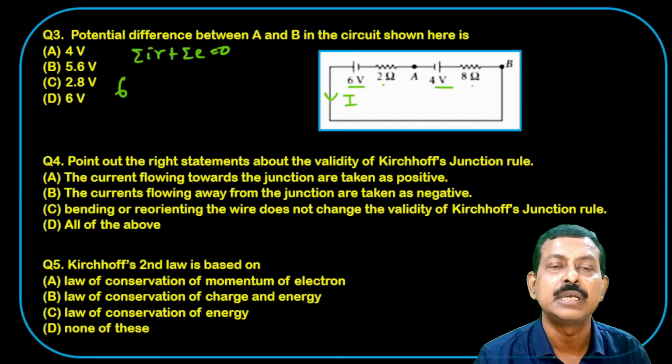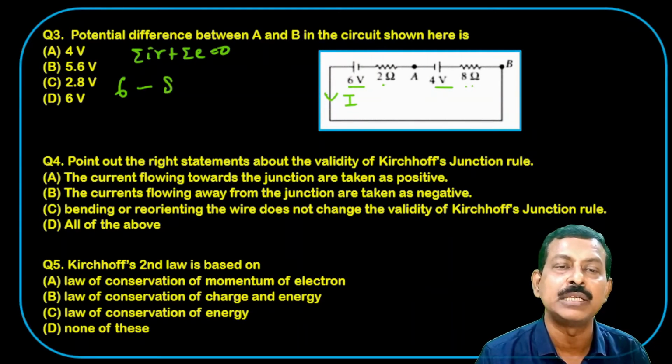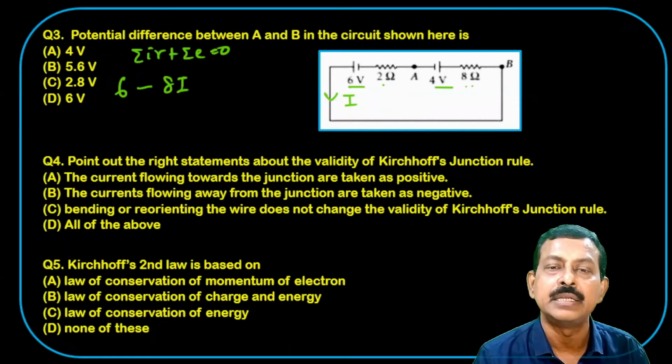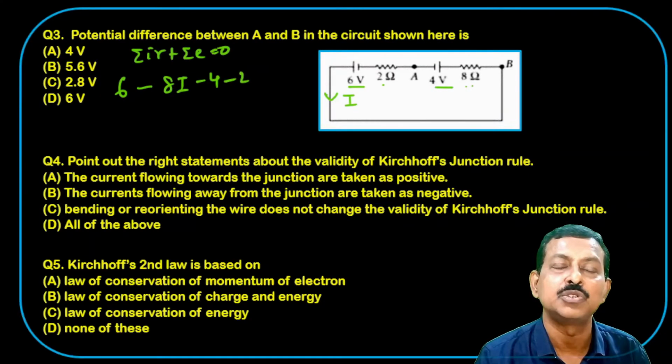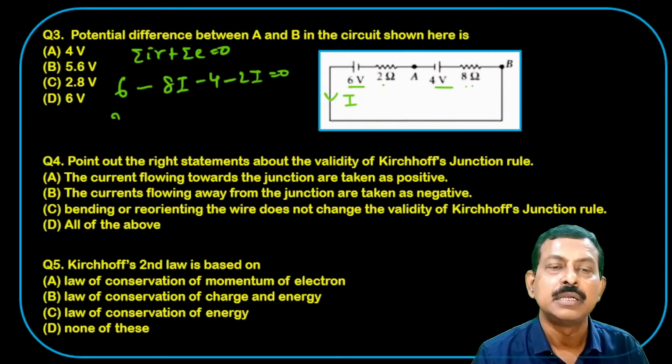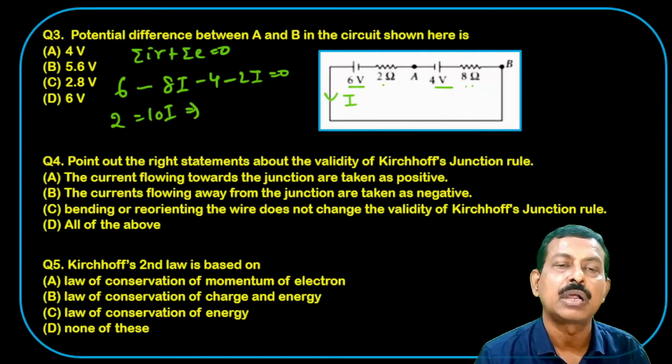So it is 6, and now for the 8 ohm, we are going in the direction of current, so it is minus 8I. Then the cell positive to negative is negative, and the 2 ohm is again minus 2I. This is 0.